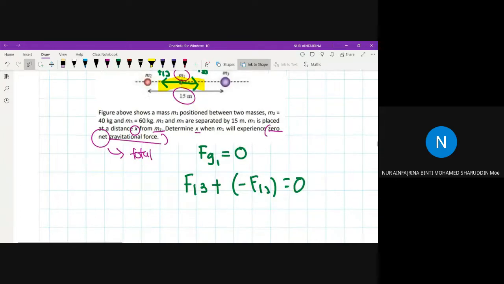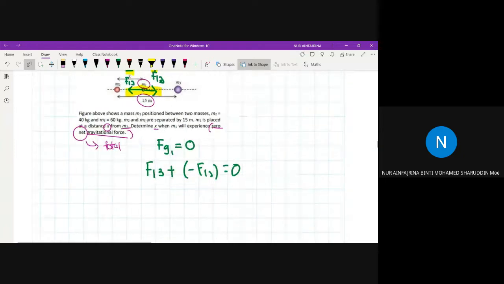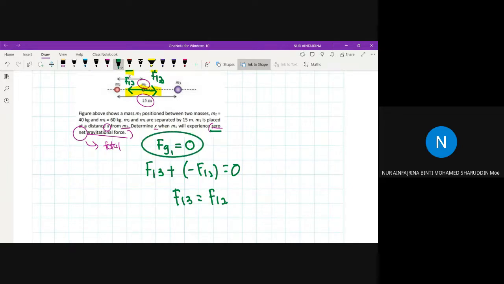Bila kita sambung dia, kita akan dapat F13 equals to F12. So bila dia cakap experience zero net gravitational force, awak kena faham ini dulu. This is mean by zero net gravitational force. Dan sekarang dia akan ada dua gravitational force, dua attraction. So bila dua attraction ni kita tambahkan dia equals to 0 dan awak akan dapat yang ini.